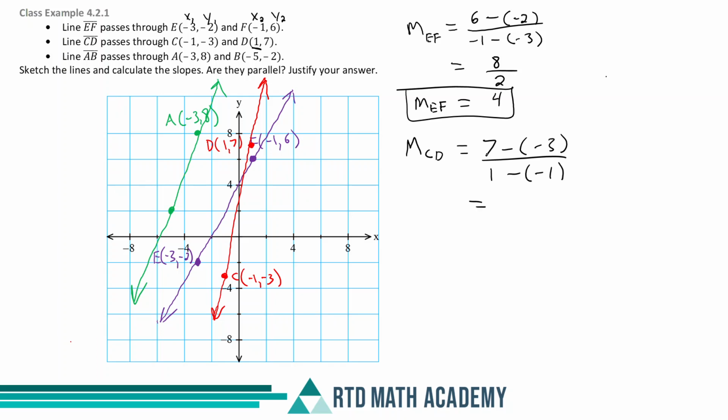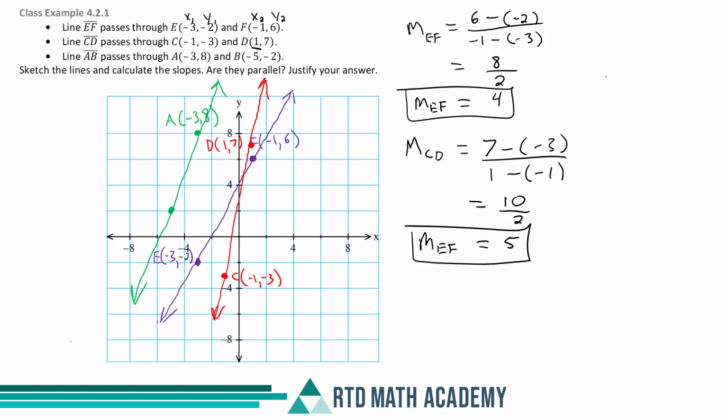So this is like 7 plus 3, which is 10, over 1 plus 1, which is 2. So this would be 5. So before we go any further, are these guys parallel? Well, no, they're not. They've got different slopes, right? So let's just do the last one now.